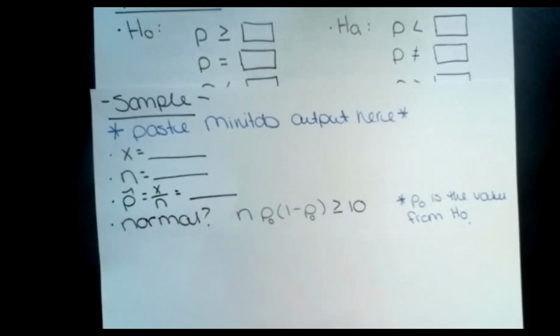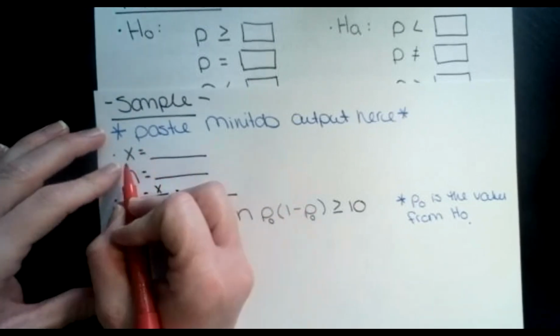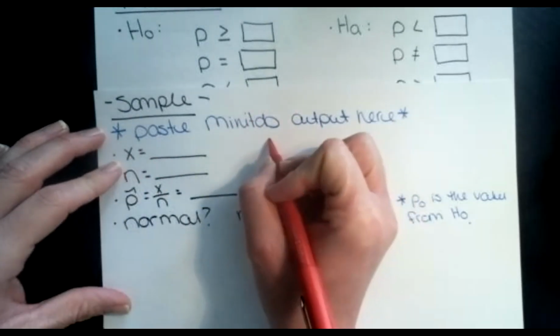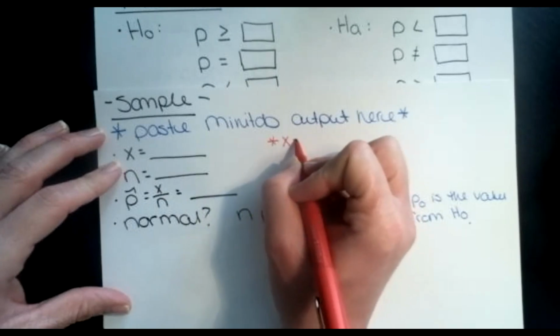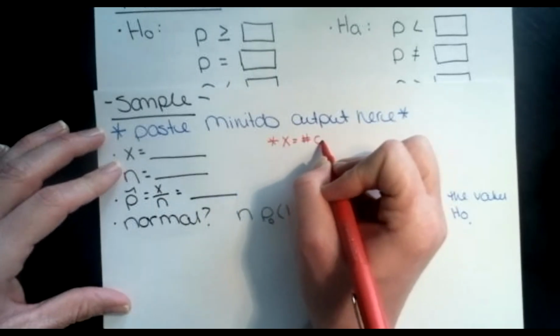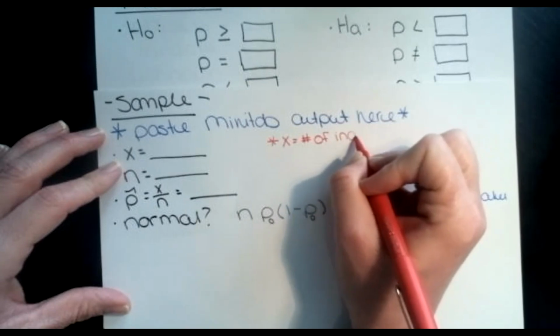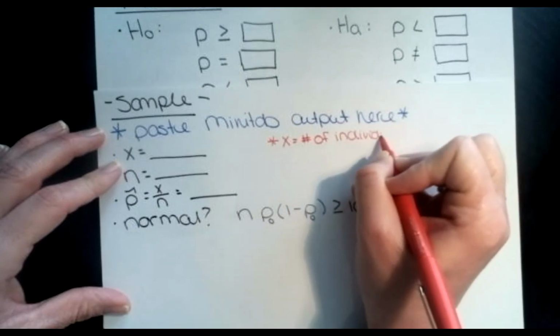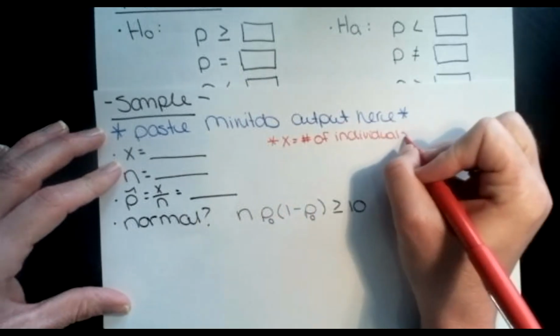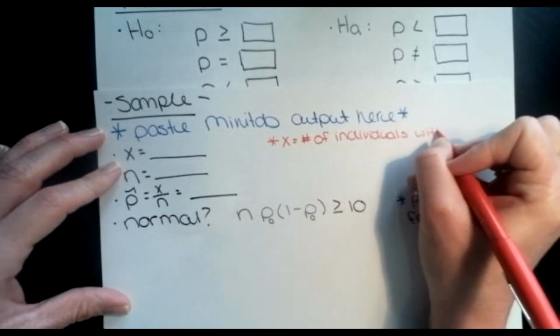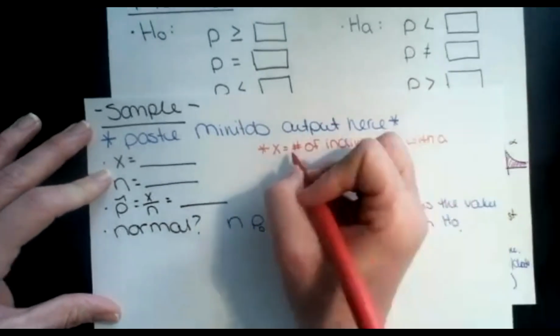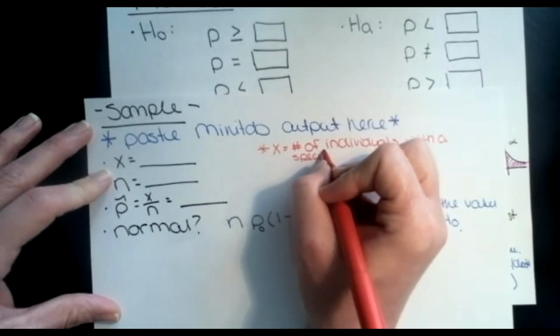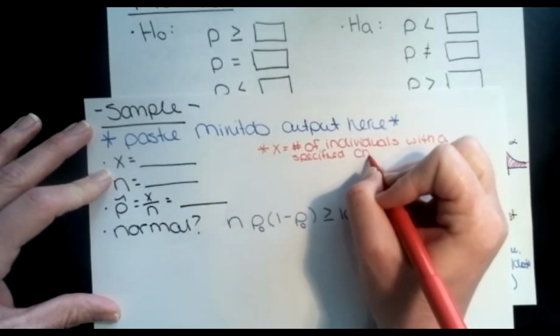Okay. Just going to write a couple notes on this because I want to clarify with everyone. X equals the number of individuals with a specified characteristic.